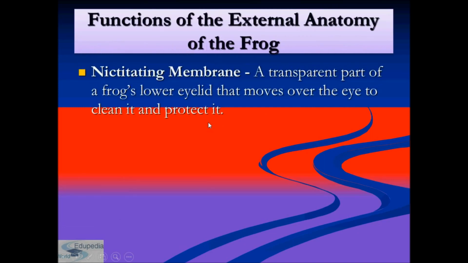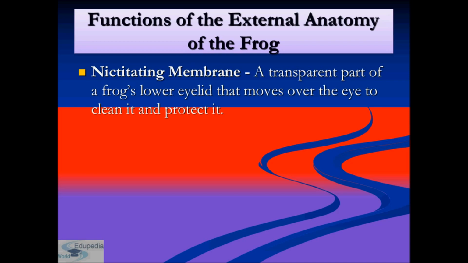Now, among the functions of the external anatomy of the frog comes the nictitating membrane. The nictitating membrane is a transparent part of the frog's lower eyelid that moves over the eye to clean and protect it. In humans, the upper eyelid moves over the eye, but in the case of the frog it is just opposite.